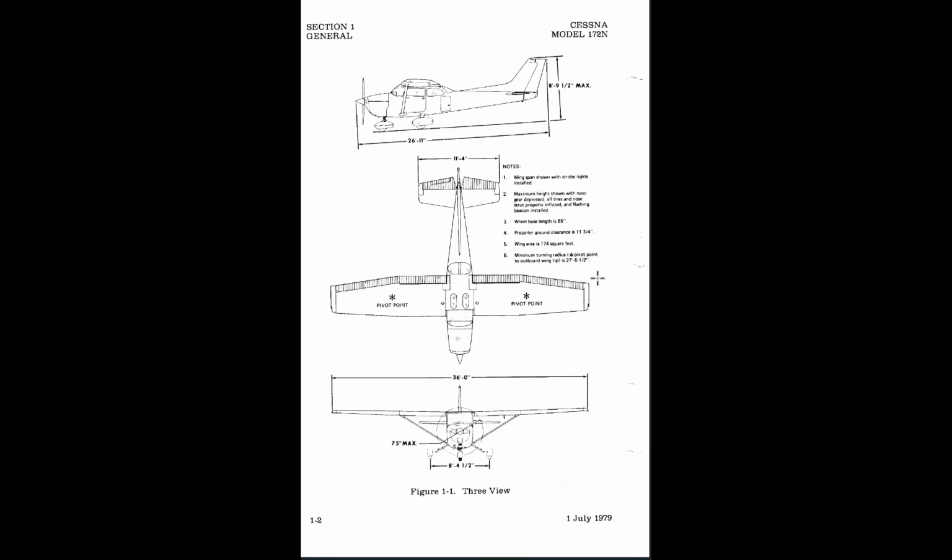Here we are in Section 1, the General section, on page 1-2 for the Pilot Operating Handbook for the Cessna 172. Here is a diagram. Figure 1-1 has a front view of the aircraft, and if you see here, it's 75 inches max of the diameter of the propeller area.